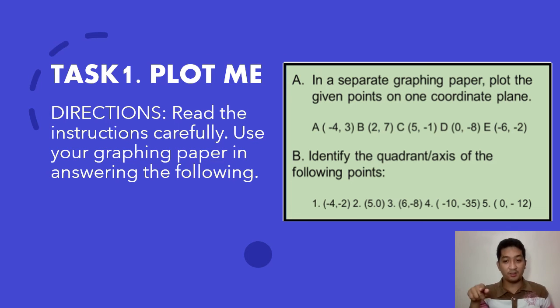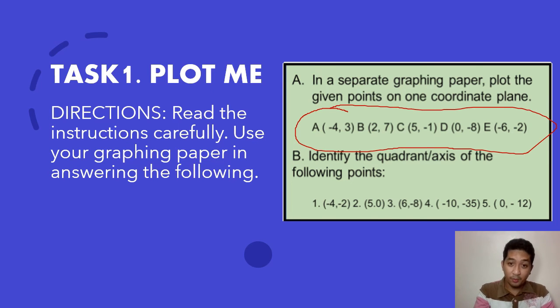Label X and label Y. Don't forget to number each mark, each line on the squares: 1, 2, 3, 4, 5, 6, 7, 8, and negative 1, 2, 3, 4, 5, 6, 7, 8. Once you have that, use it to plot these points.